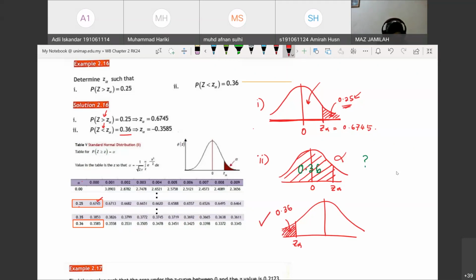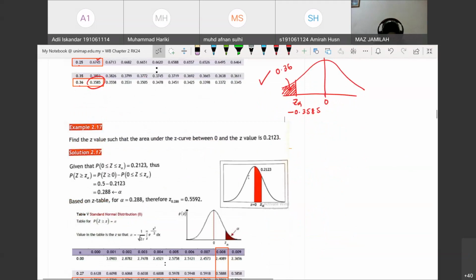Then only go for the value of your alpha, and you know that your Z alpha is 0.3585. Since we know that it is less than 0, the Z alpha will be a negative value. So this is how we use the upper tail probabilities.